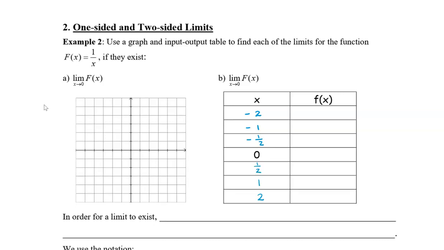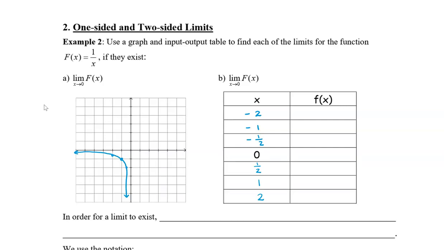All right, so when I choose -2, I plug it in. 1 divided by -2 is -0.5. Plug in x is -1, I get y is -1. x is -0.5, I get -2. So on the left side, I have a graph that looks something like this.